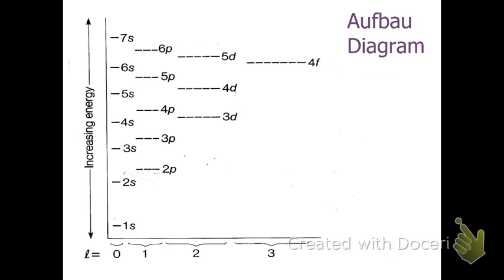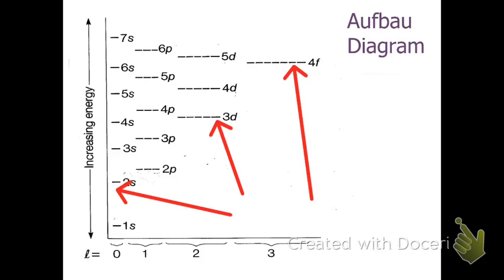What we have here is an Aufbau diagram, and what it shows is the different orbitals and the increasing energy of each orbital. One thing to keep in mind is that each one of these dashes points to an orbital, and each orbital can only fit 2 electrons.